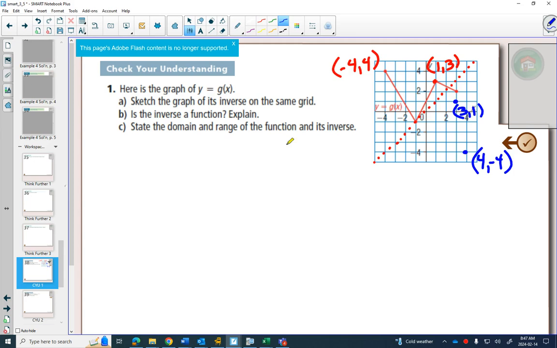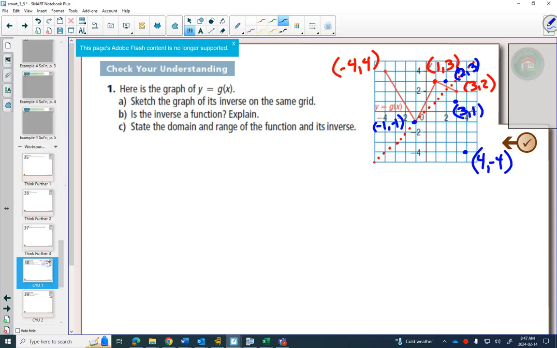If I did that for all 4 points, notice that for this one, since the numbers are the same, when you switch them, they're still going to be the same. That should make sense. And for the last red point, right here, which is at 3, 2, on my blue graph I get 2, 3. Now sometimes it can be a little tricky when joining the lines to make sure you join them correctly.